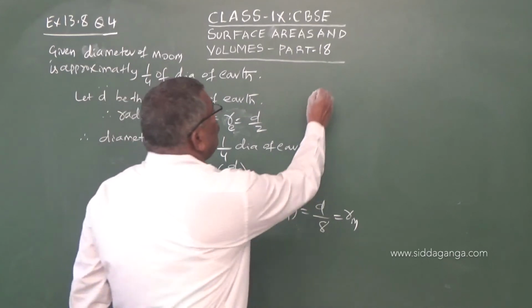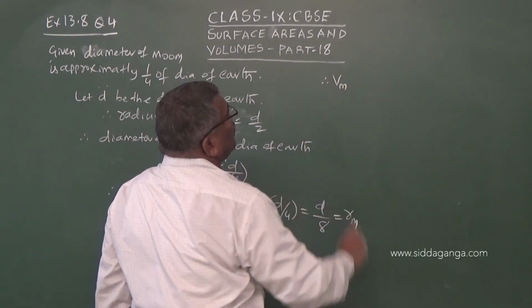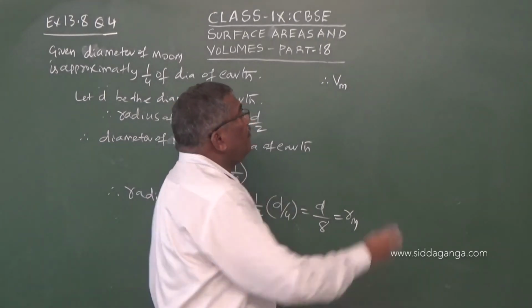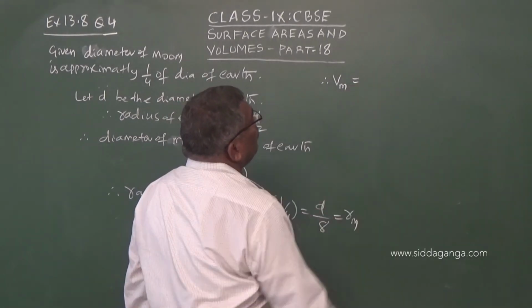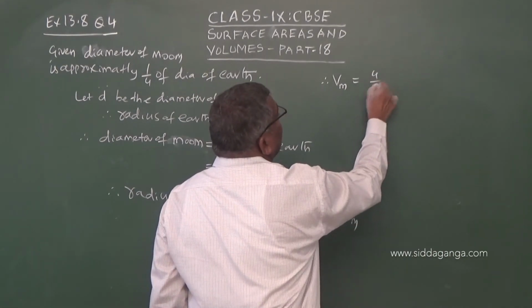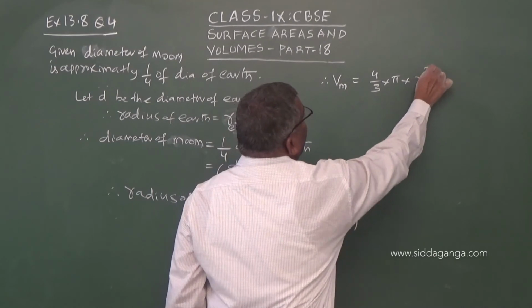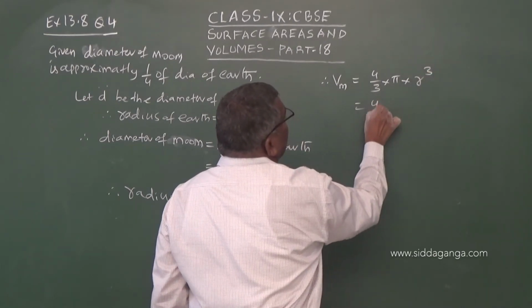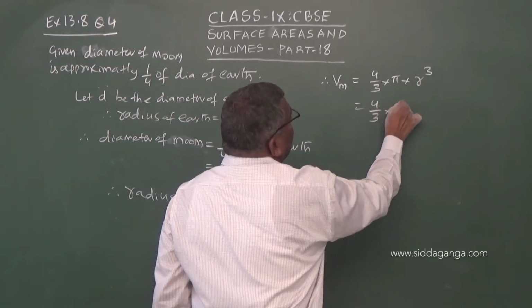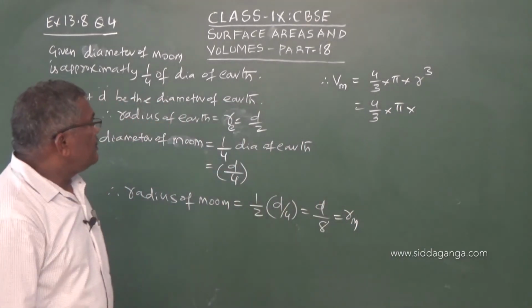So therefore volume of moon, I will call it Vm for identification, is 4 by 3 into pi into r cube, where r is radius of moon.